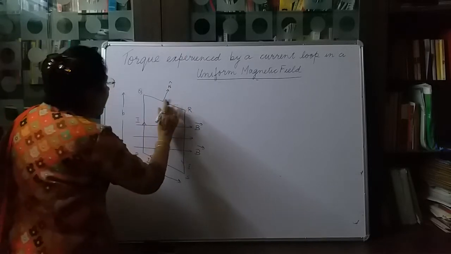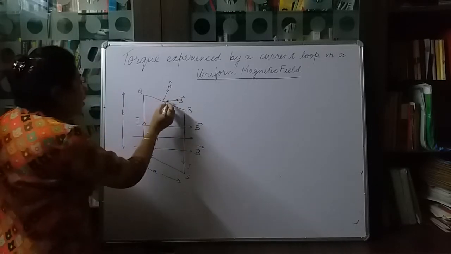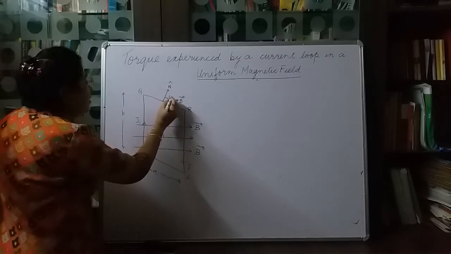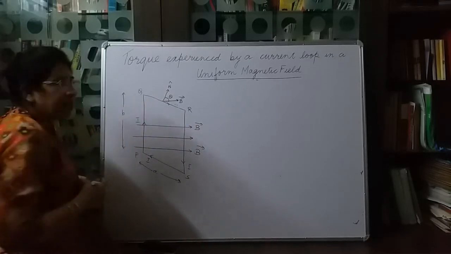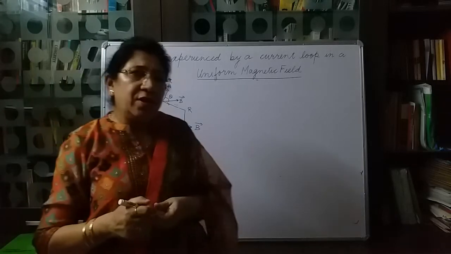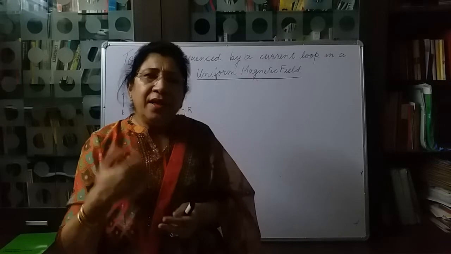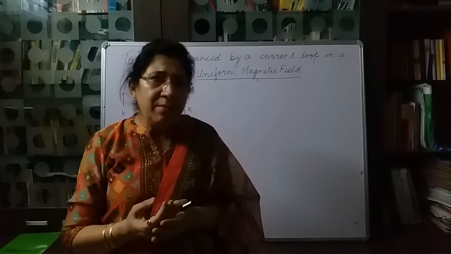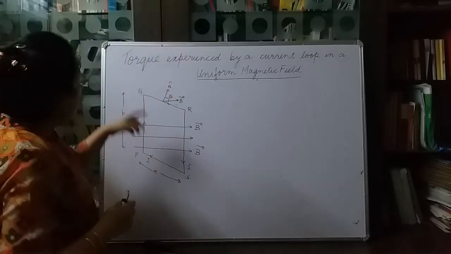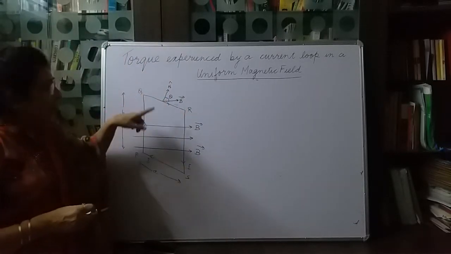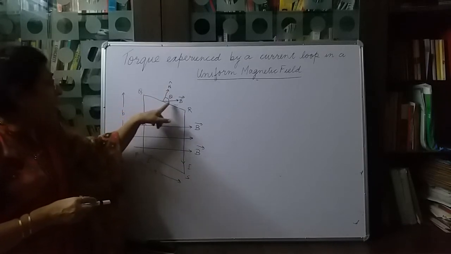Then, the angle between the magnetic field and normal to the plane of the coil is taken as theta. When we were deriving the relation for force experienced by a current carrying conductor, there theta was the angle between the current element, the conductor, and the magnetic field. But here instead we take theta as the angle between the normal to the plane of the coil and magnetic field.